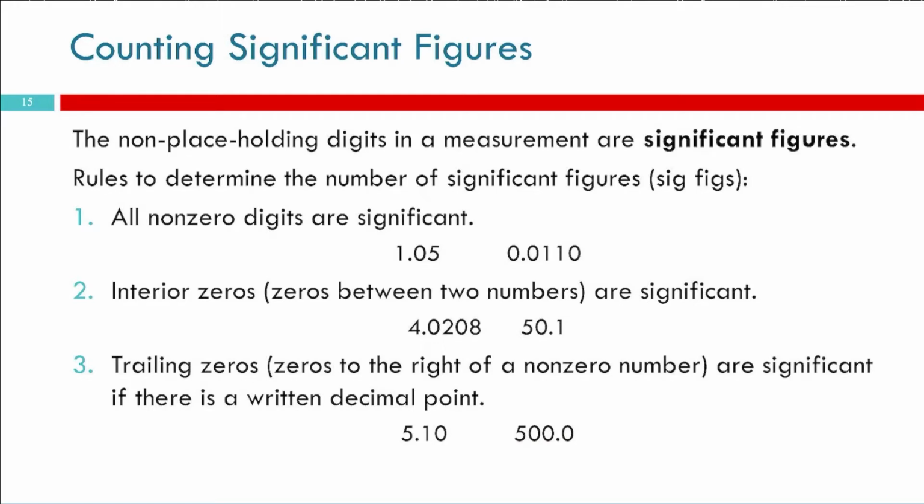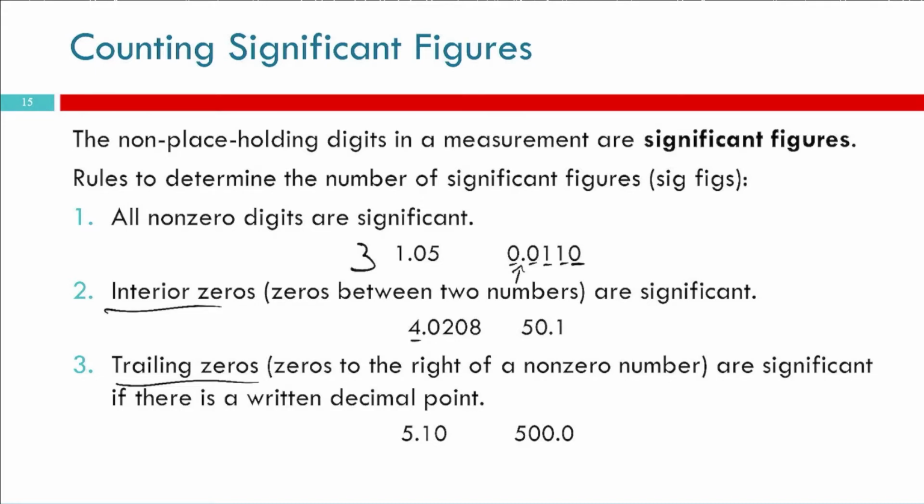So to go through each of these, I should say the actual number of significant figures. For this first one, this is 3 significant figures. These are leading zeros, which we haven't exactly talked about yet, but they're not interior zeros, and they're not trailing zeros. So we have 1, 2, 3. This is significant because it's a trailing 0, and we have a decimal point.